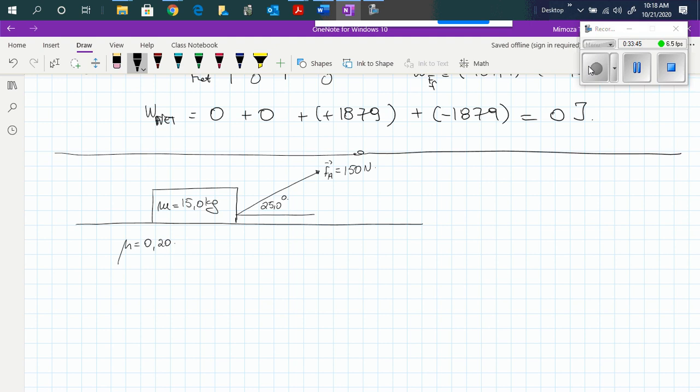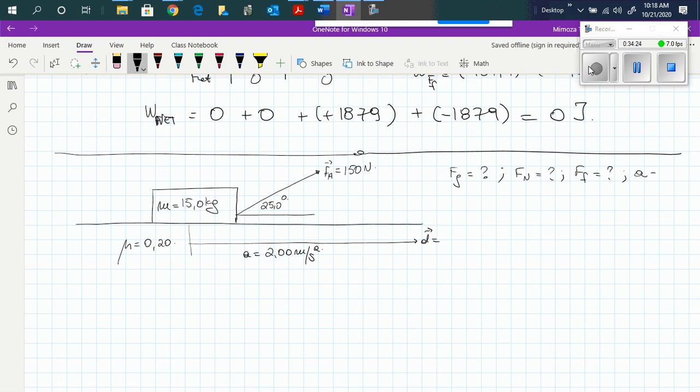So in this situation, what we are looking for is what is force of gravity, what is force normal, what is force of friction, and the object is moving with an acceleration of 2.0 meters per second squared, and during the time interval, well, let's make this kinematics as well.